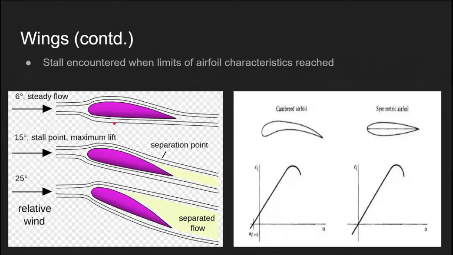So in nature in general, and in aerodynamics, things want to move from a state of high to low. In this case, things want to move from high pressure to low pressure. That's just the natural pressure gradient from high to low.